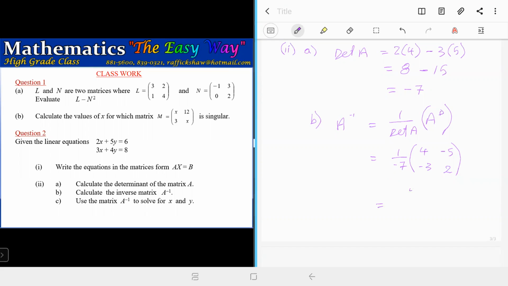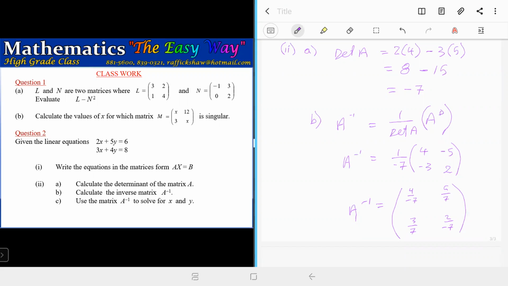So I'm going to get 4 over -7, 5 over 7 because the negatives cancel, 3 over 7 because the negatives cancel, and 2 over -7. So that is my inverse matrix, A to the -1.